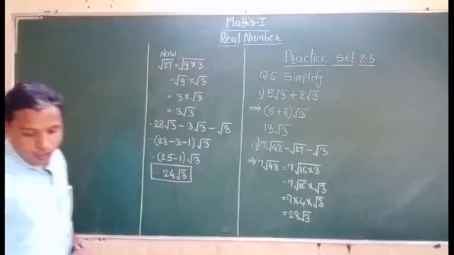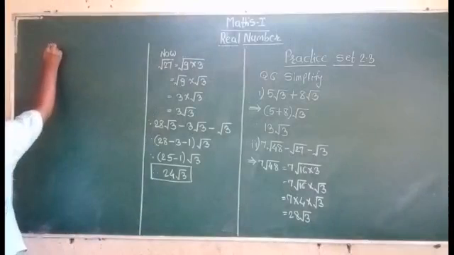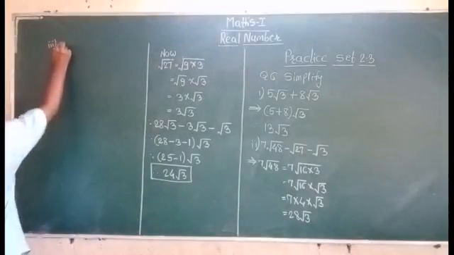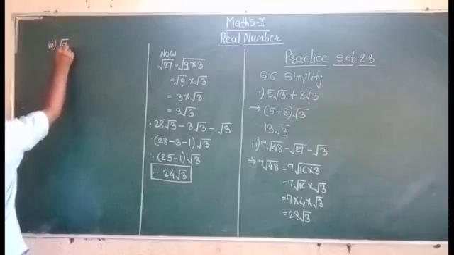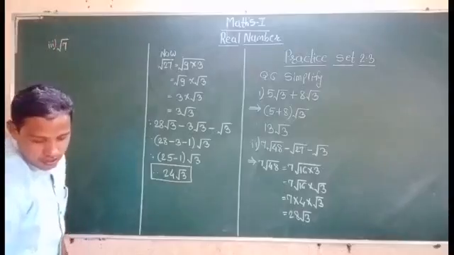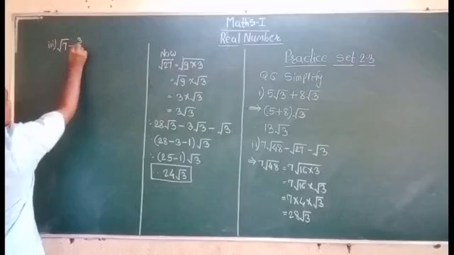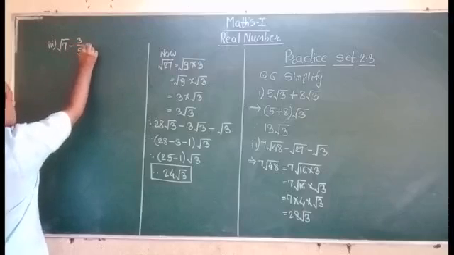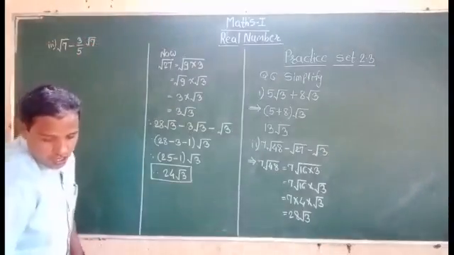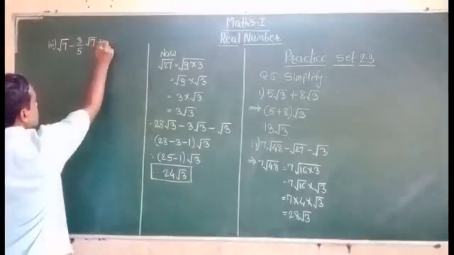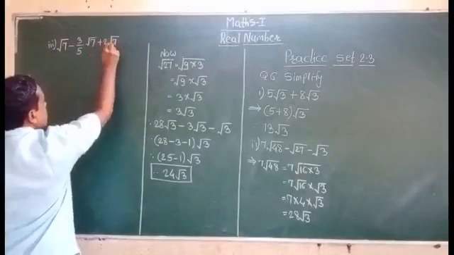In that example we get surds 7 minus 3 by 5 surds 7 plus 2 surds 7.